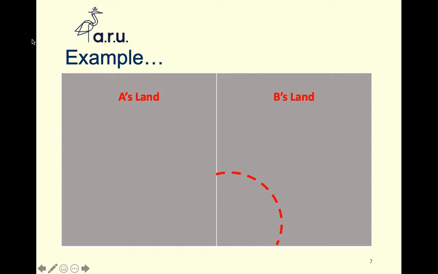B's land is burdened by this because they have to kind of endure the fact that A is going to wander across their land, so B is burdened. So we have benefit and burden on the land. We have a dominant tenement on the left and a servient tenement on the right. So we have two separate pieces of land, one benefiting from an easement and one being burdened by it.